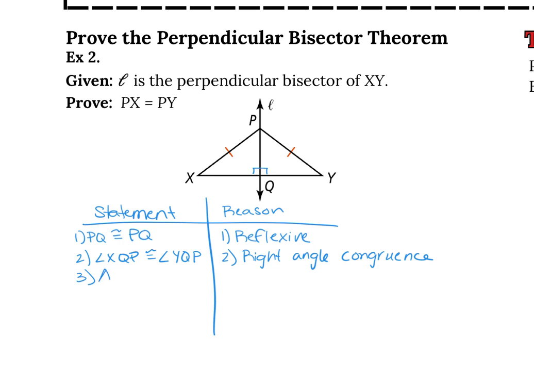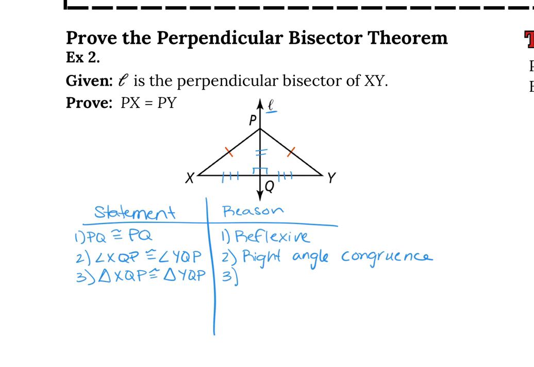3, we know that triangle XQP is congruent to triangle YQP. We can prove that because we've already done the reflexive, and we know that this section is congruent to this section because they told us that line L is a perpendicular bisector of XY, which means it's cutting it evenly in half and creating two congruent segments.